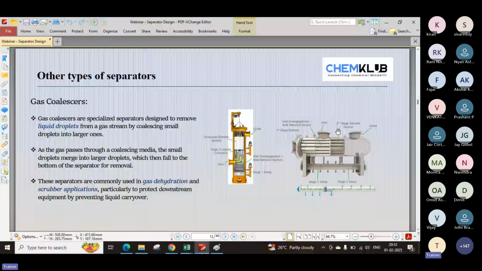This is what is called gas coalescers or cartridges, and that is used at the inlets of glycol dehydration or amine treatment.